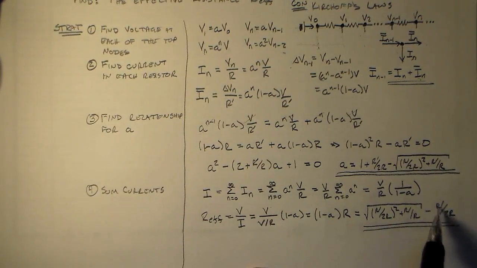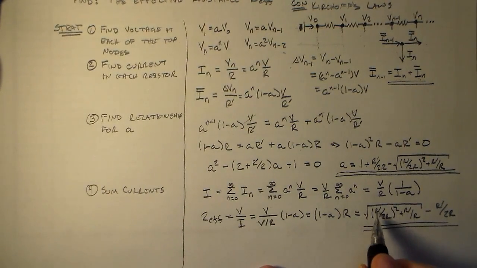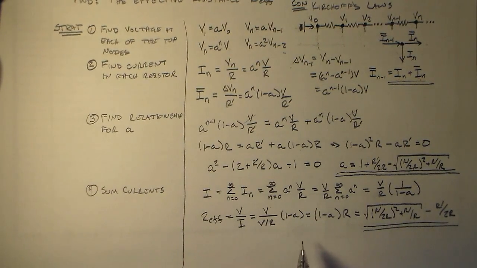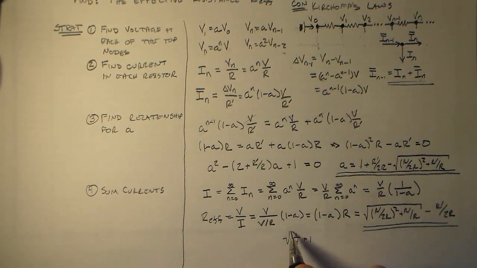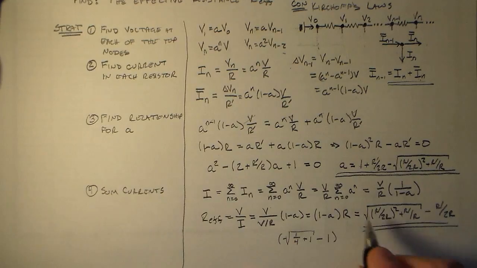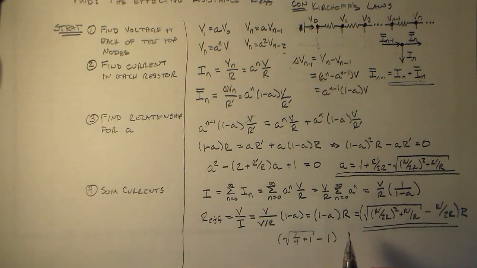I probably should have been prepared to actually draw it out, but I'm not, because this is a perfect thing with an R prime over R. That's a perfect thing to plot against. But I'll check it against the online answers, which I did already, but using R prime over R. So in that case, we have the square root of 1/4, R prime equals R, plus 1, minus 1, all times R. Forgot to multiply by R. Excuse me, I'm sorry.